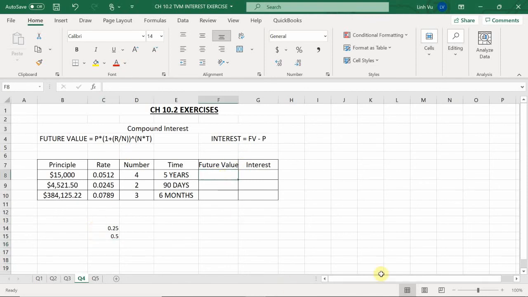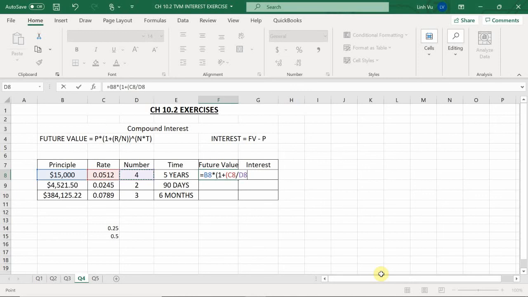So my future value, once again, if I borrowed 15,000, so principal, times parentheses 1 plus parentheses your R of 5.12%, divided by the number of times compounded.